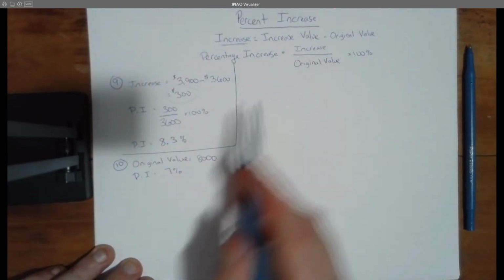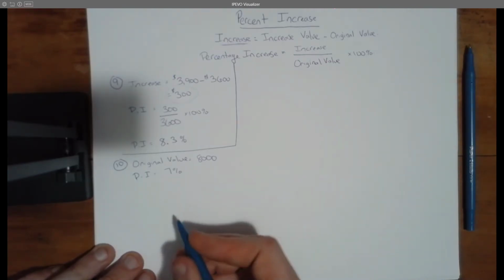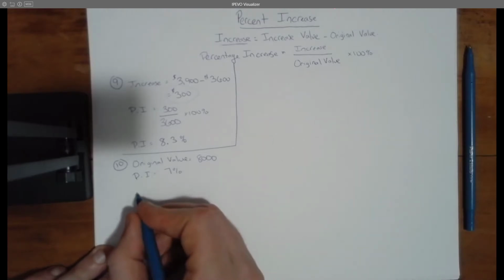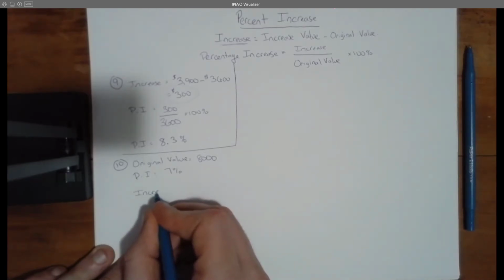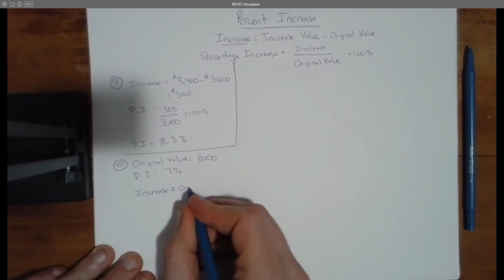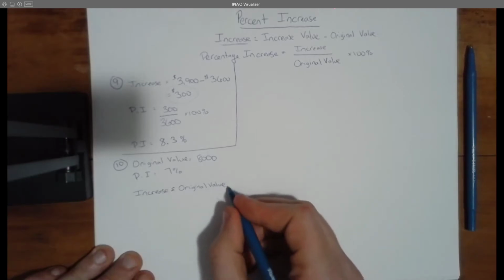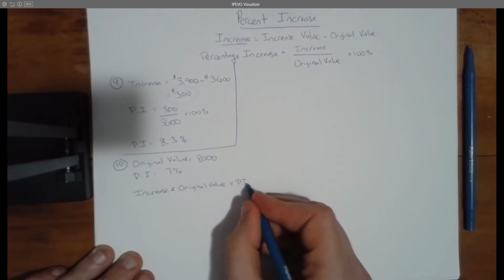We just don't know the increase amount here. And so that's part of what we're going to be trying to figure out. And if I rearrange that formula, I get a new one that says increase equals original value times percent increase.